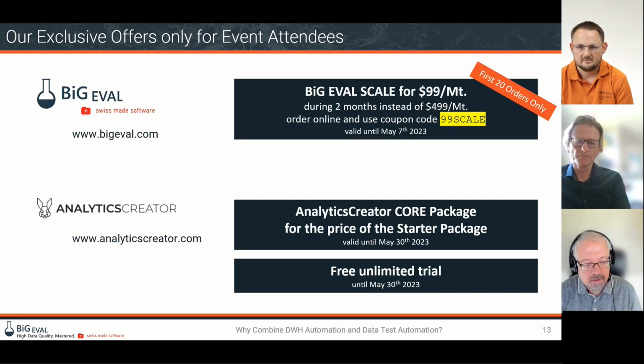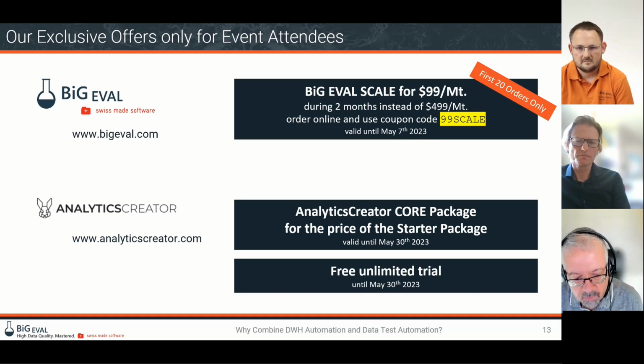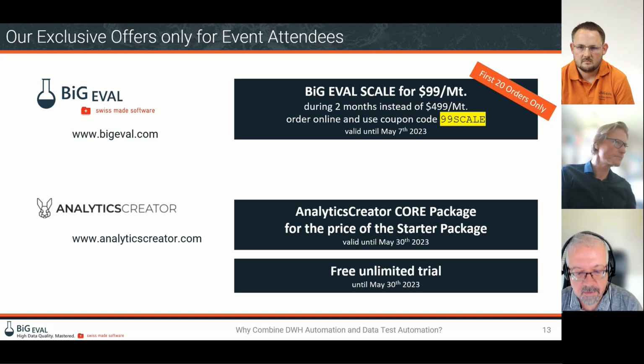AnalyticsCreator has some capabilities which allow you to work together on the same project. First, you can save your project in a text file, or SQL file, and you can check this file in your version controlling system like Git, Bitbucket, Subversion, and so on.